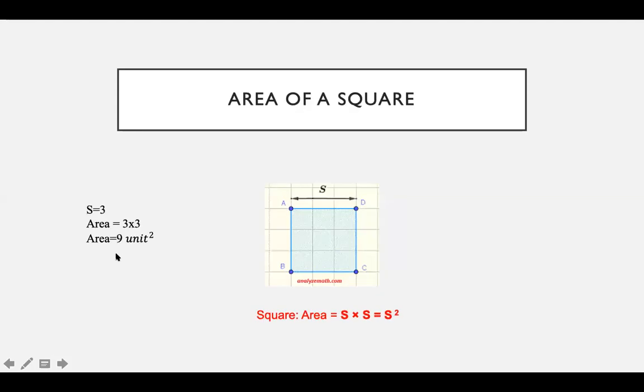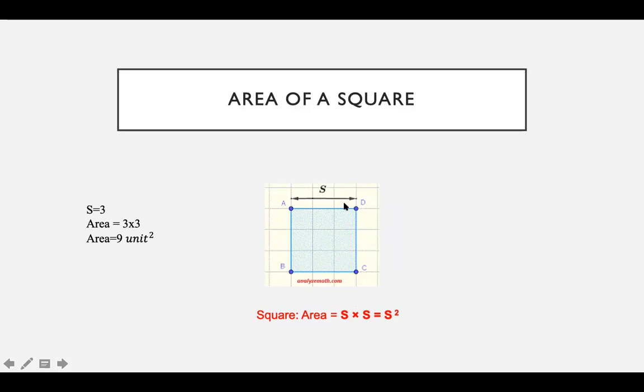Now, to calculate the area of a square, right, in a square, all the sides are equal, so we don't actually have to measure the length or calculate the length for all 4 sides or 2 sides. We just calculate it for one side, and then we just square it, right?